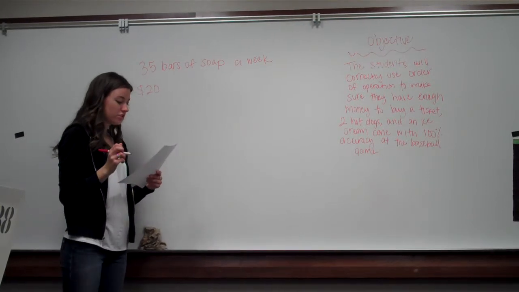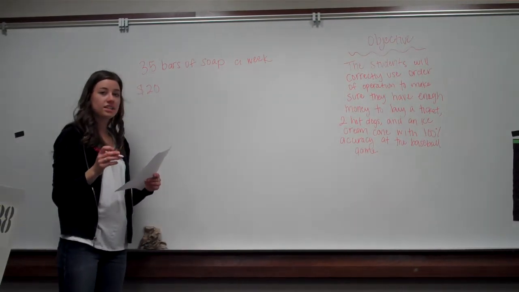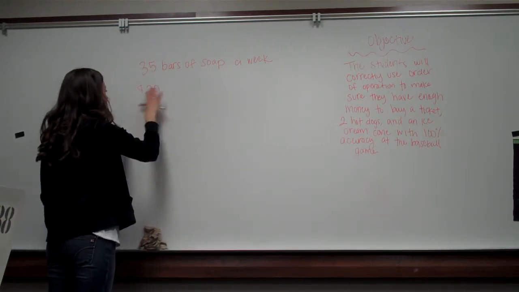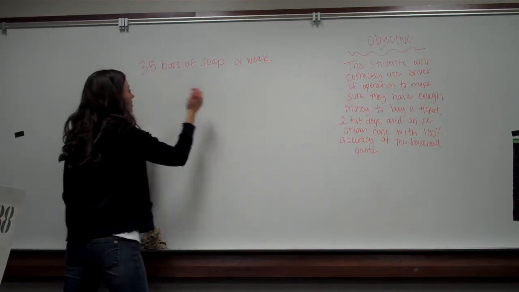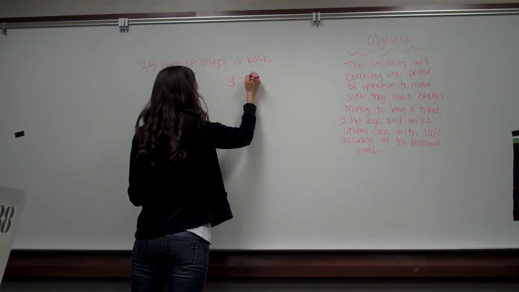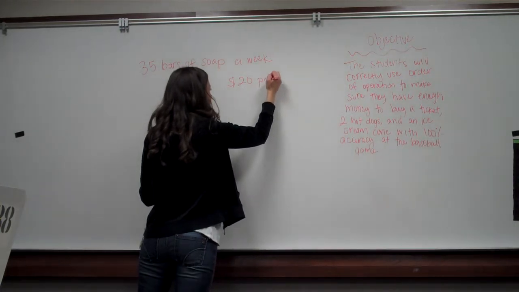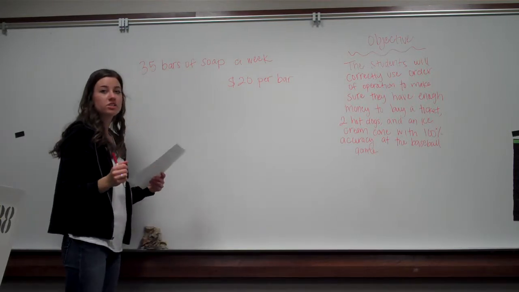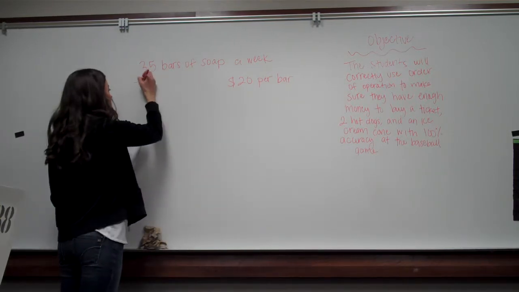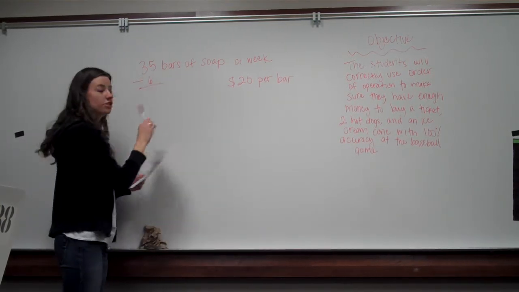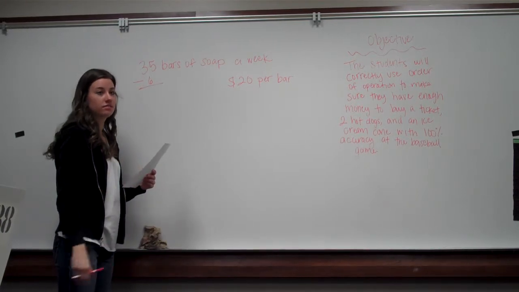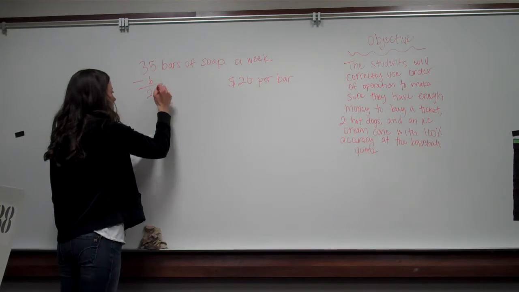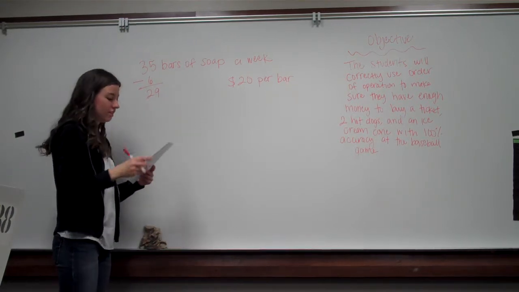But before the soap can all be sold, 6 of the bars of soap were destroyed by mice. So we have to subtract 6. What's 35 minus 6? 29. So we're left with 29 bars of soap that we can sell.